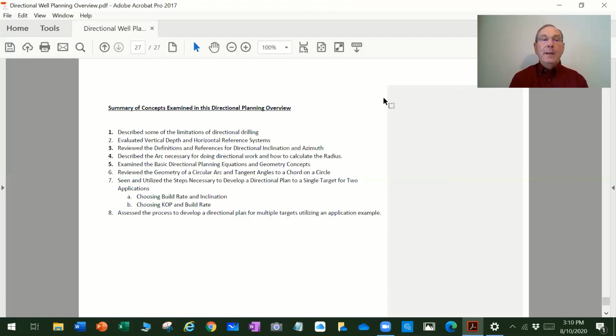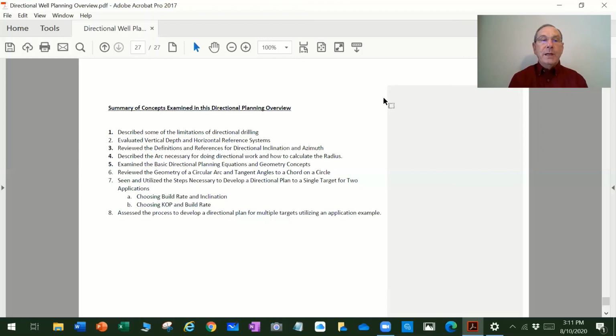We've examined the basic directional planning equations and geometry concepts that we need to know in order to do directional planning. We have reviewed the geometry of a circular arc and the tangent angles to a chord on a circle. That's very useful for making inclination angle choices and doing a project.